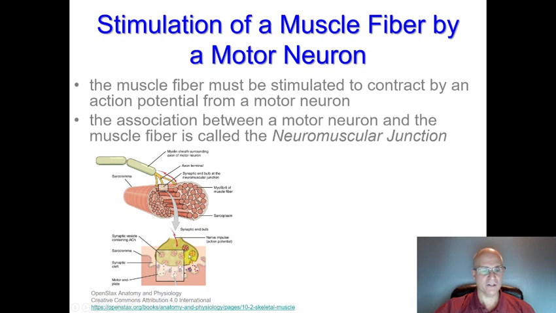So we see here's our motor neuron in kind of the greenish color. Here's our muscle fiber in kind of the pinky orange color. And then we've got this gap in between them. Well, the gap is called the synaptic cleft. And this entire association here is called the neuromuscular junction. Neuro for neuron, muscular for muscle.